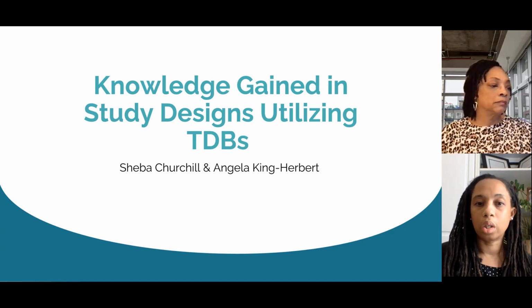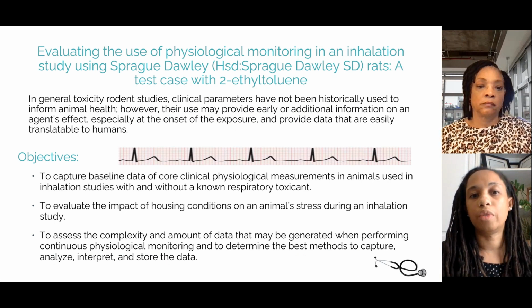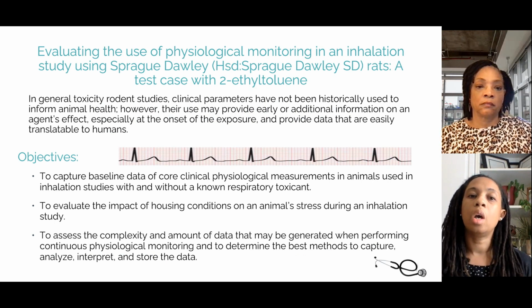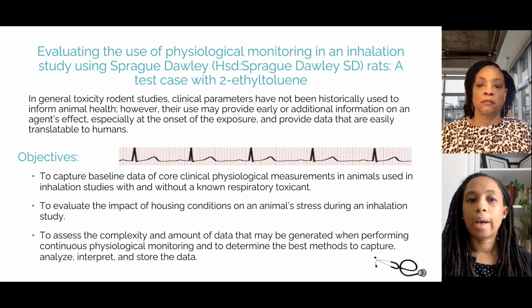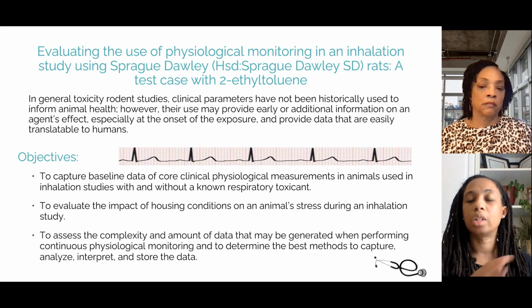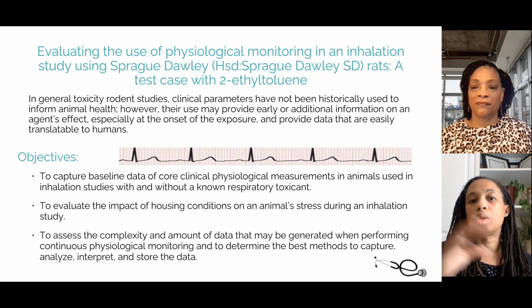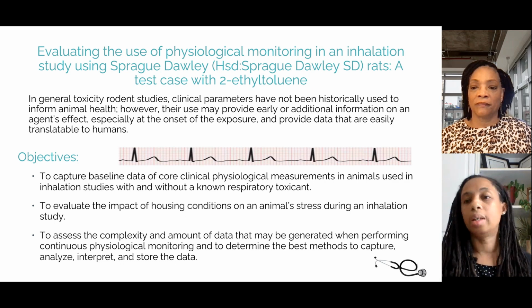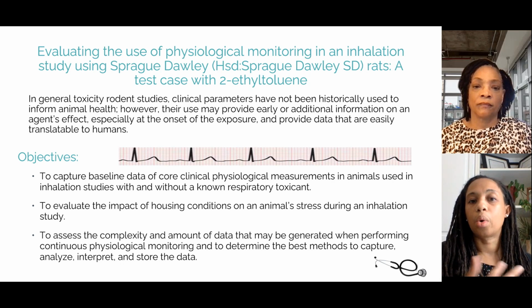So I'll go through the two studies quickly. The first study we're working on is called Evaluating the Use of Physiological Monitoring in the Inhalation Study with Sprague Dawley rats. What we're doing here is using translational digital biomarkers within studies to see whether we can expose animals to a certain toxicant and see if there's any change in capturing baseline core clinical measurements.